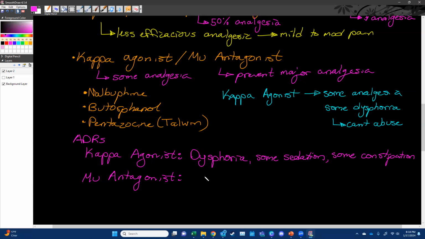What I would rather say here is that you get loosening, or the better actual term is decreased tone in the GI tract. So it's easier to move things along. The sphincters aren't as stiff.